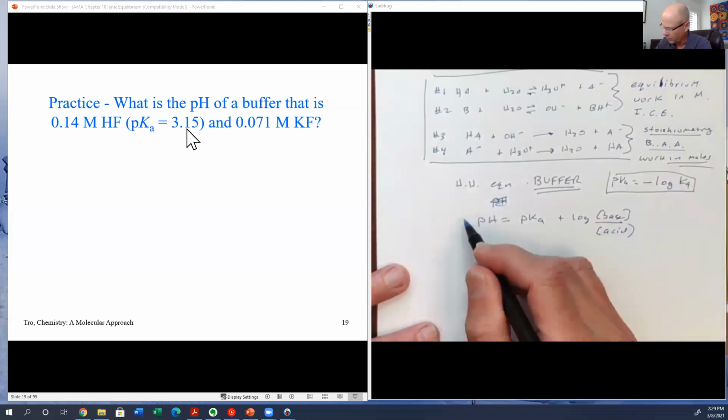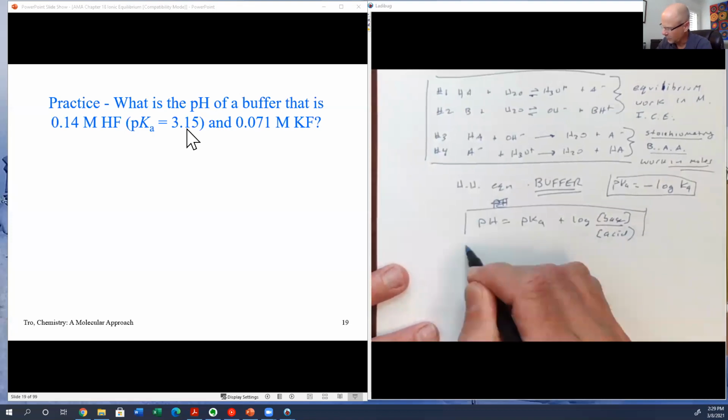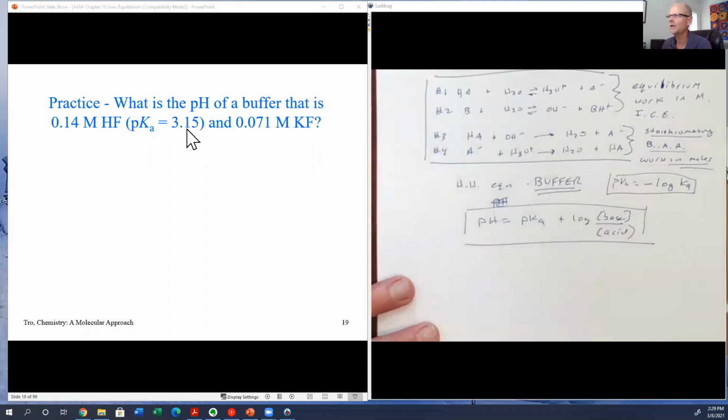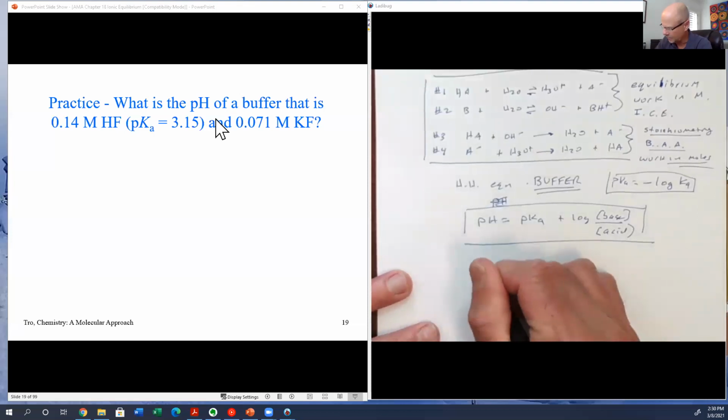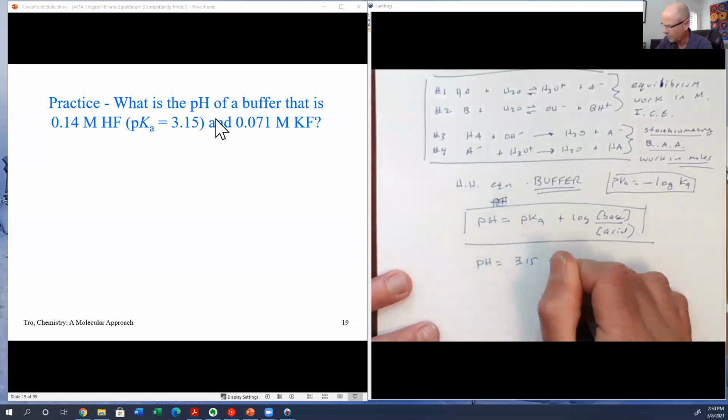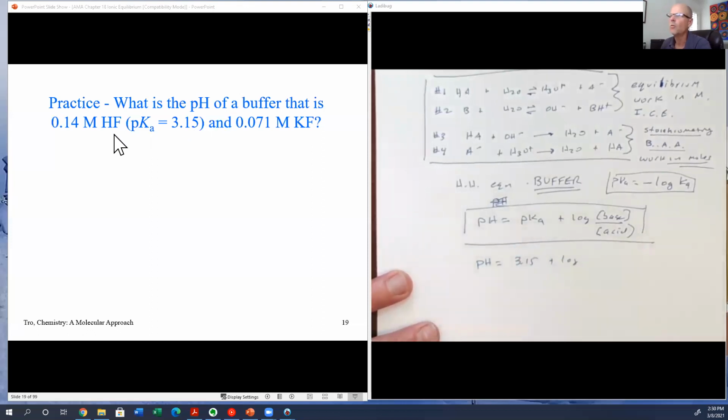So this little handy equation right here does the very same thing that we just did in that equilibrium calculation, but it just condenses it down to one equation. Okay? So for example, if we want to use the equation to calculate the pH of the buffer that we just did, we would just go, easy. pH is equal to pKa, 3.15, plus the log of the base. Which is the base here, the HF or the KF?